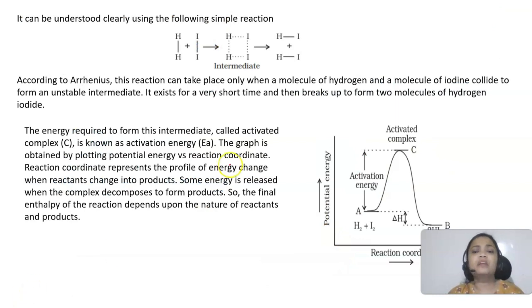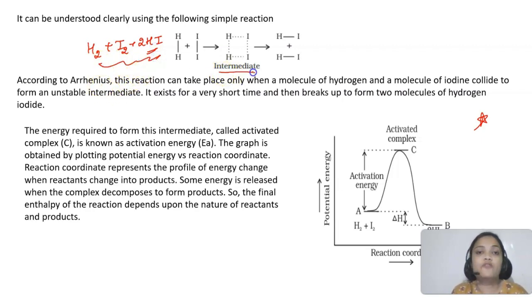This graph is very important, try to understand it. Let's say I have a reaction between hydrogen and iodine to form hydrogen iodide. This reaction proceeds through the formation of an intermediate. Can you see this intermediate here?